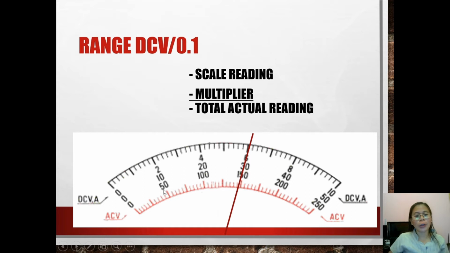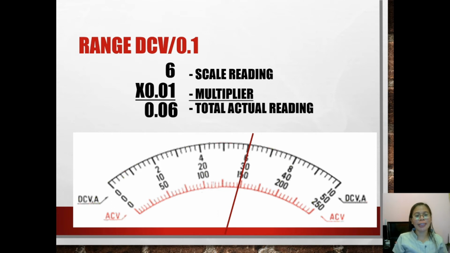Okay, we are going to use the 0 to 10. 0, 2, 4, 6, 8, 10. What do you think is our scale reading? Very good, that is 6. And what is our multiplier? Because we use the range of 0.1, very good, our multiplier is 0.01. So what will be the total actual reading?